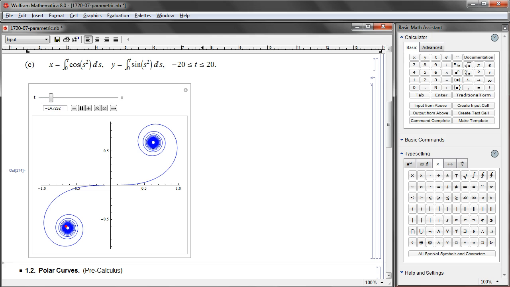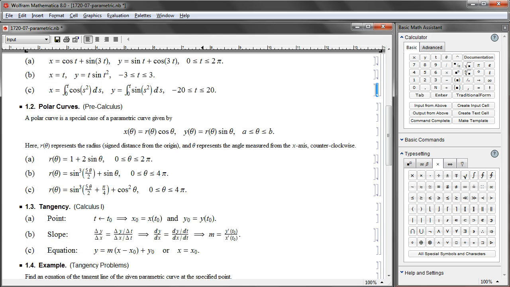Interesting picture we have. By the way, this function x is given as the integral from 0 to t of cosine of s squared ds, and similarly sine of s squared ds. These functions are called Fresnel functions, named after the 19th century French mathematician, physicist, engineer, and entrepreneur Fresnel.